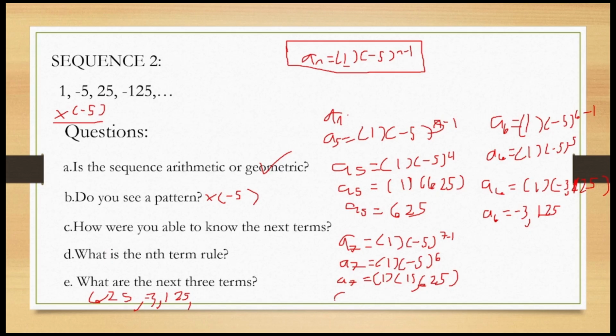So the seventh term would be 15,625, and so on. So the next three terms would be 625, negative 3,125, and 15,625.